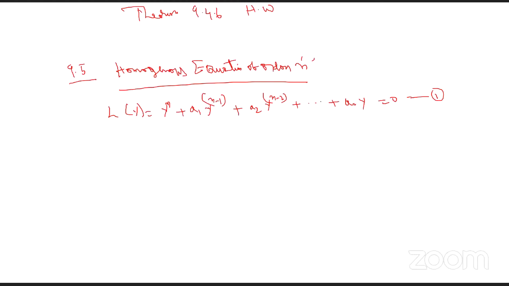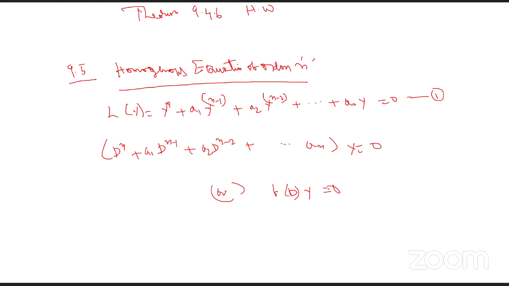Alternatively, it can be written as D power n plus a1 D power n minus 1 plus a2 D power n minus 2 plus so on, plus a n, into y equal to 0, or we can write f of D of y equal to 0.